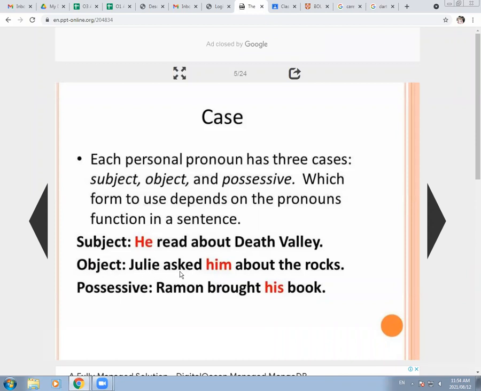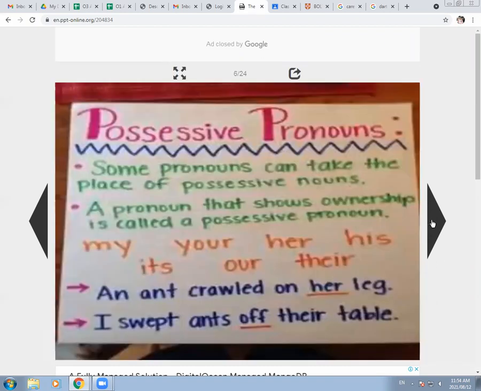Julia asked him, not he, him, her, them. So these are objective pronouns. Possessive means something which belongs to someone. Here it is, he brought his book. So subjective, objective, and possessive, these are the three cases of pronouns.